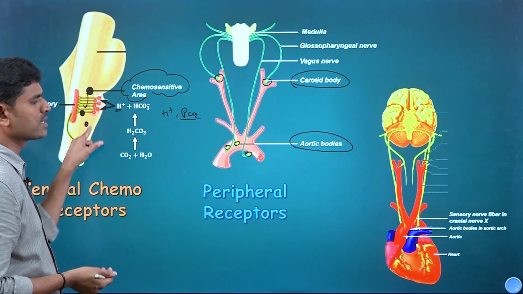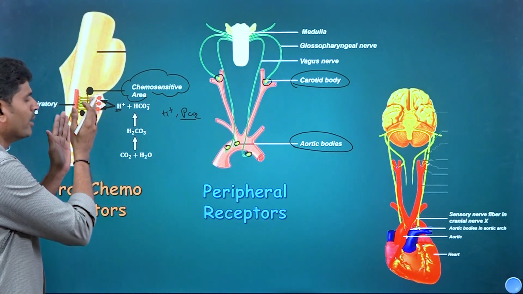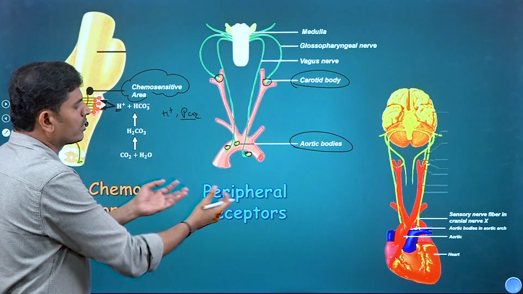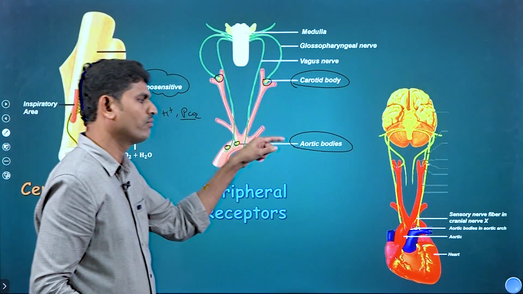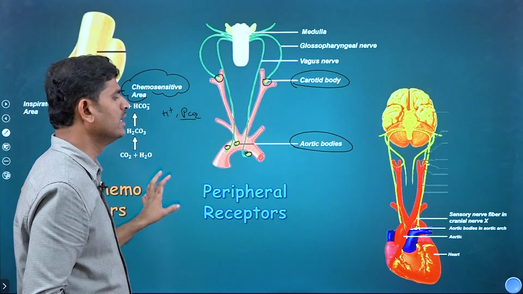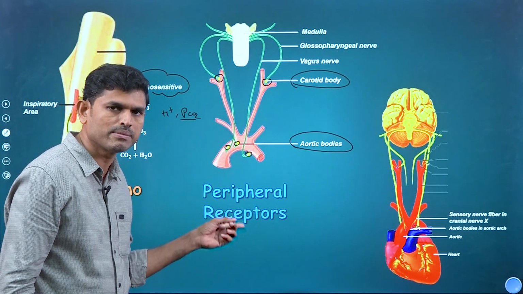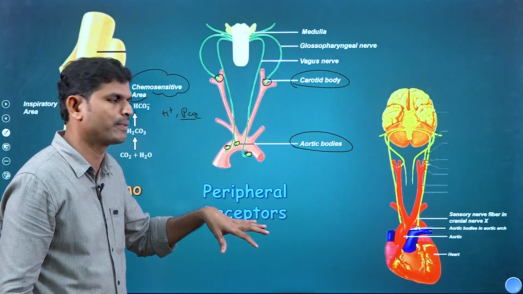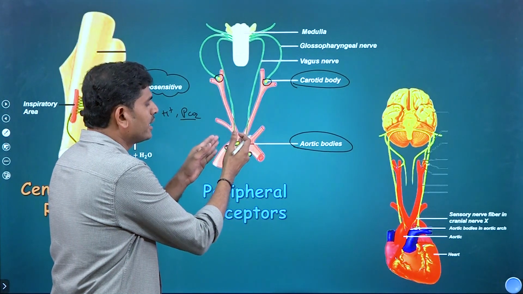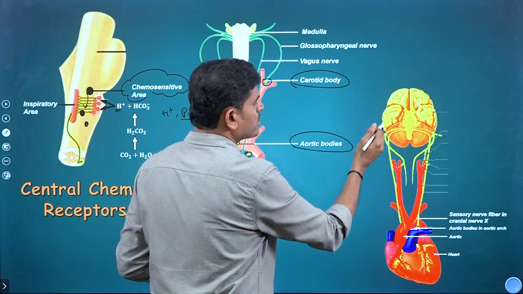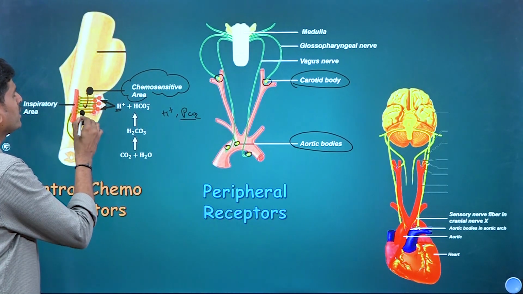The central chemoreceptors are present in the central nervous system, in the medulla, and the peripheral ones are not part of the central nervous system, they are located on the circulatory system where they measure samples. They measure CO2 and H+ concentration in oxygenated blood vessels, not just deoxygenated blood, monitor large samples, and send that data to the inspiratory area.